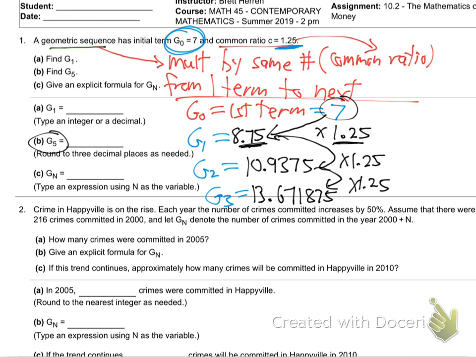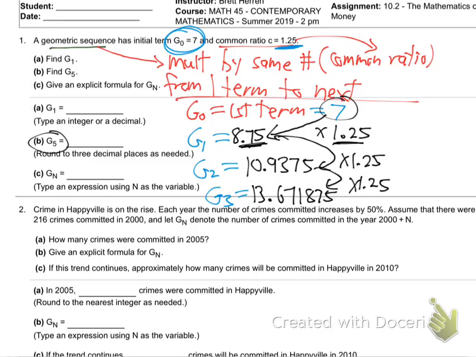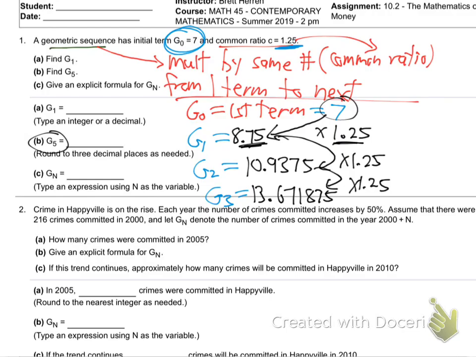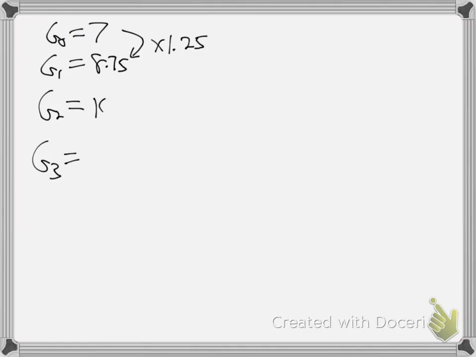Let me go to a fresh screen. Let me help you. So G0 is 7, that's the first term. Okay? And then G1, you just go times 1.25, and I don't remember what it was, 8.75. And then G2, G3, what was it? 10.9375.